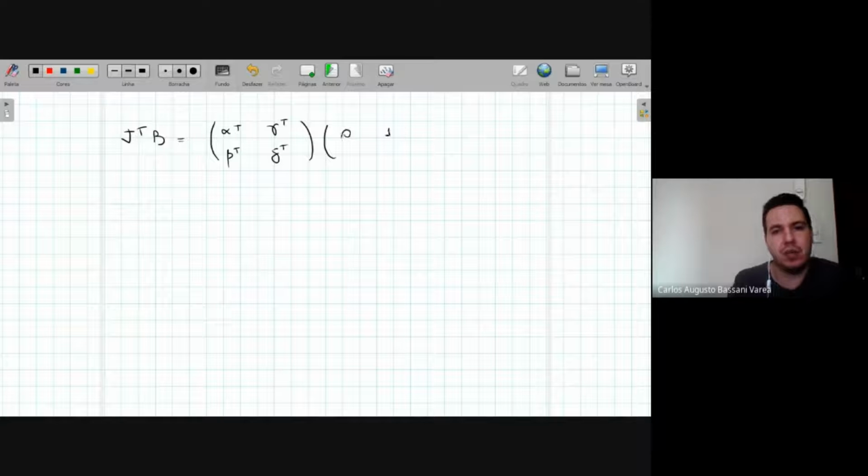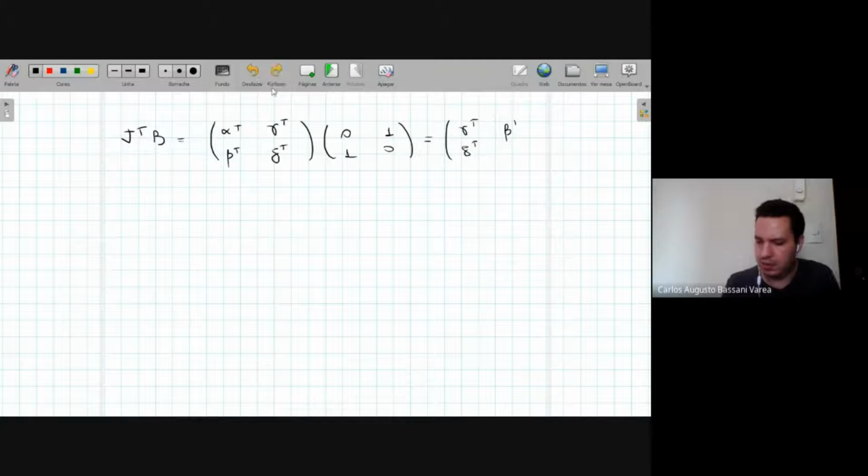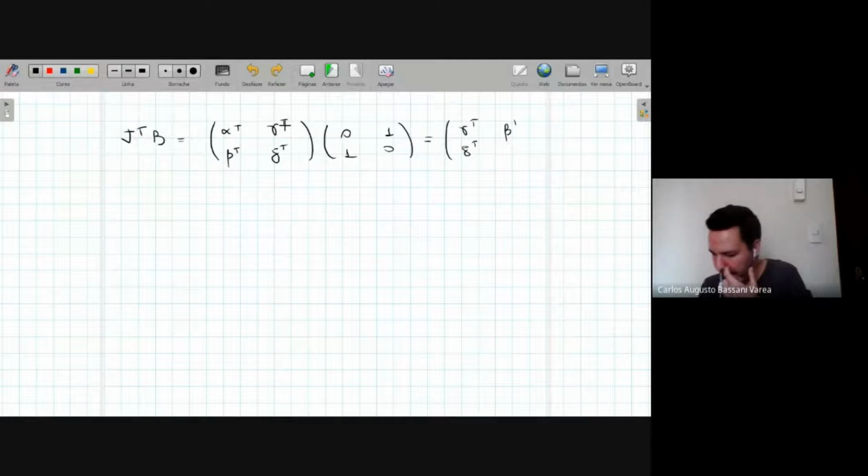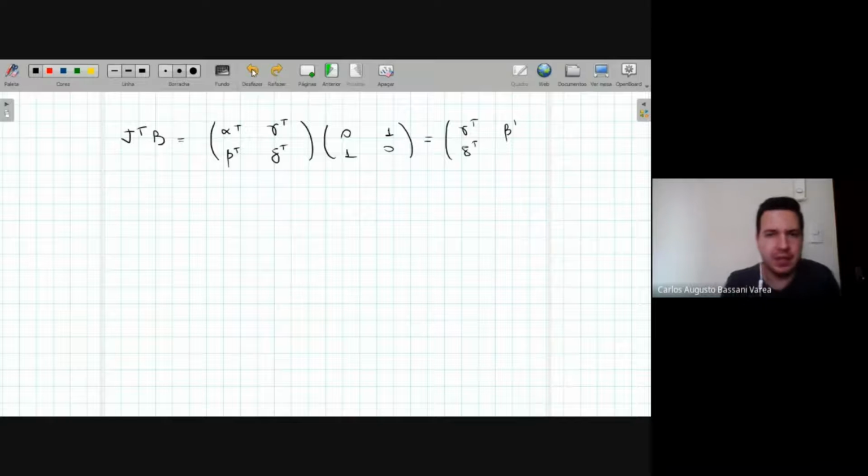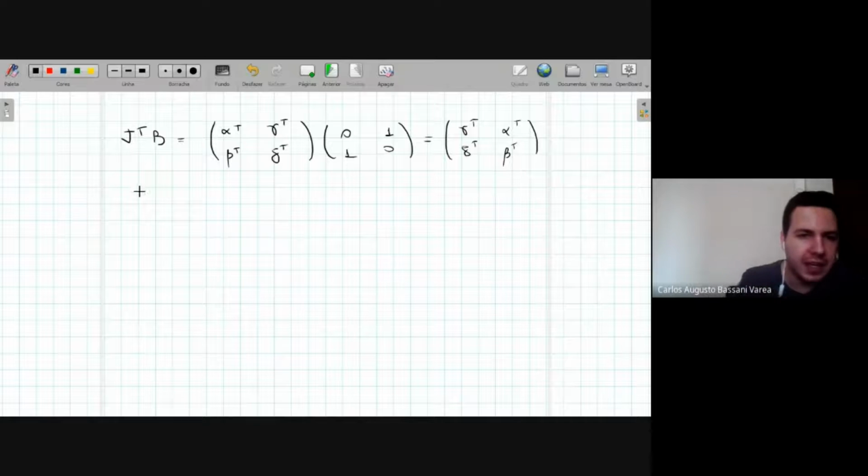And when we do this product, we obtain gamma transpose, delta transpose, here we have alpha transpose, and here is beta transpose.